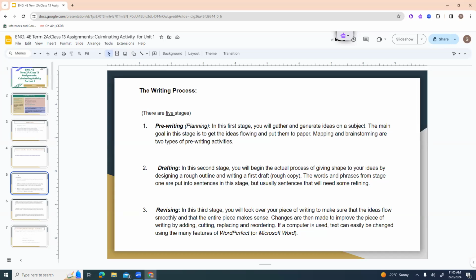So then you make changes to improve the piece. You can do that by adding, cutting things, replacing things, reordering. If you're using a computer, it is easier to change all the different text using things like WordPerfect, Microsoft Word, Google Docs, whatever program you're using.